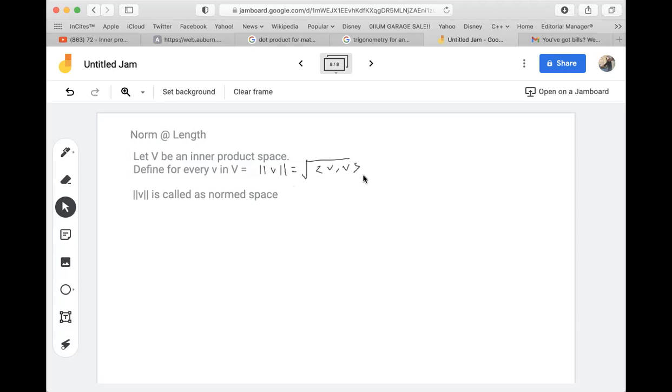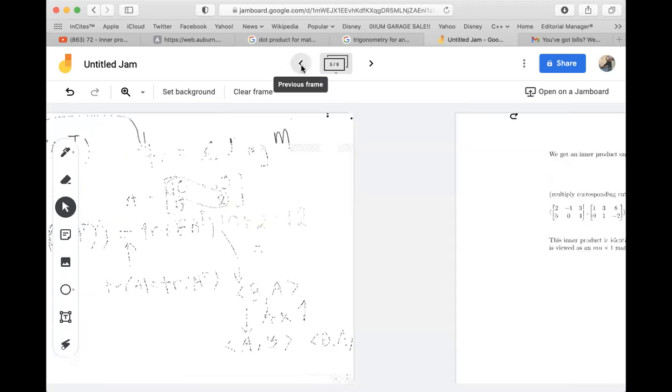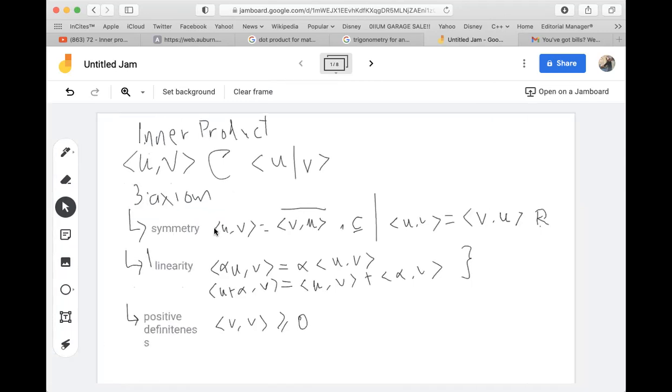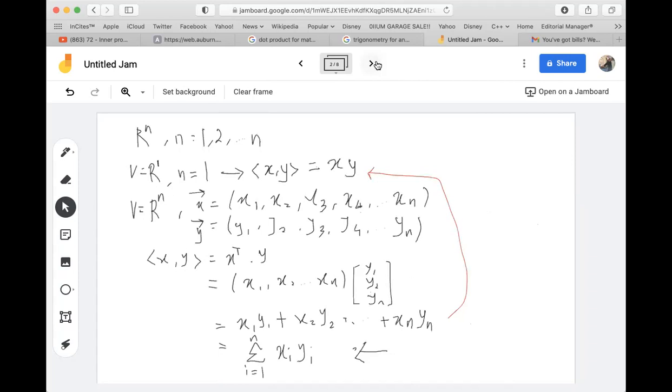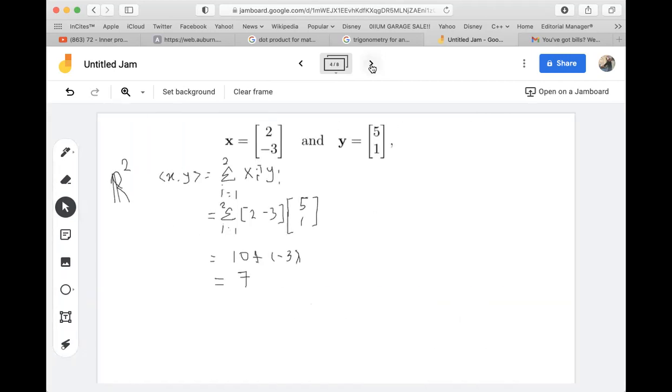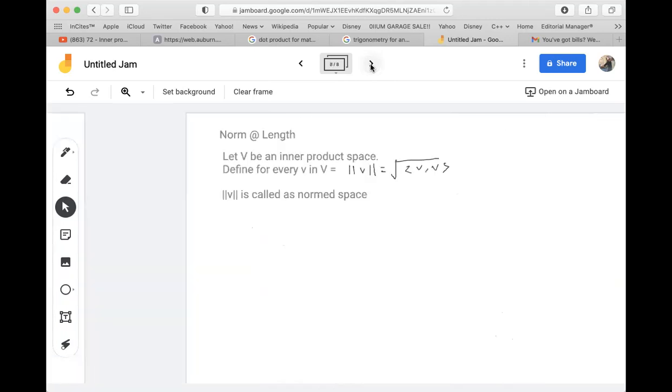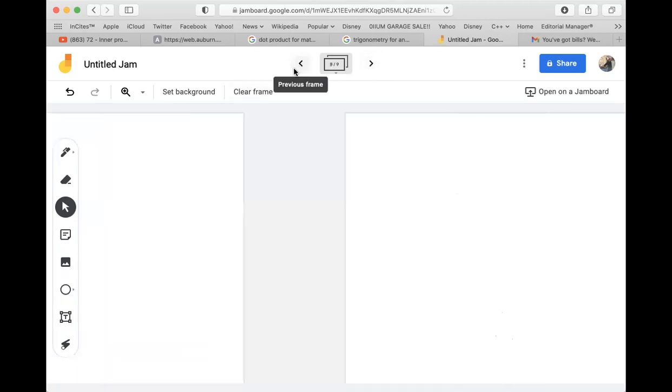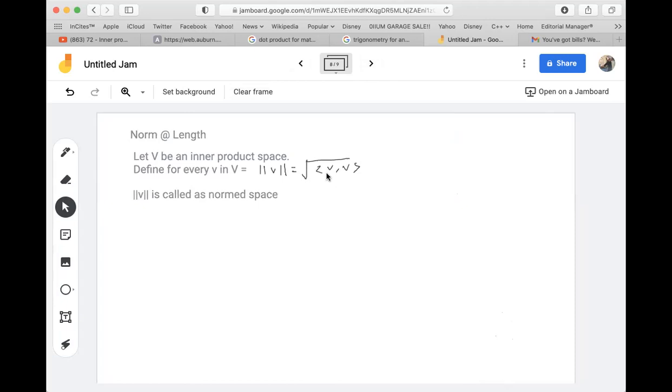Alright, for this one. Because V is in an inner product space, remember we have the first three axioms in our first slide. So meaning that this norm also satisfies those three axioms. So we can prove it.